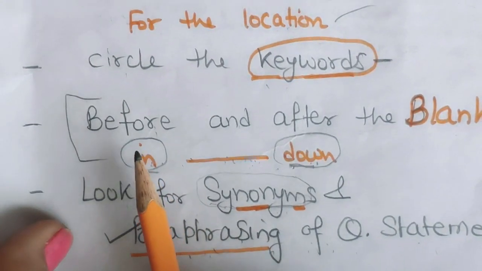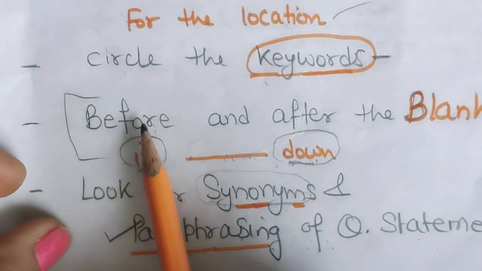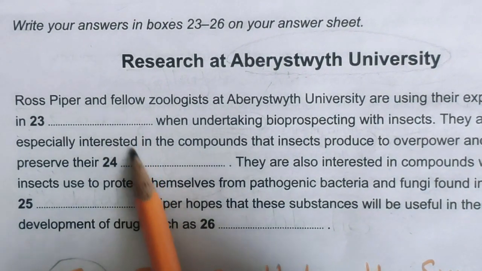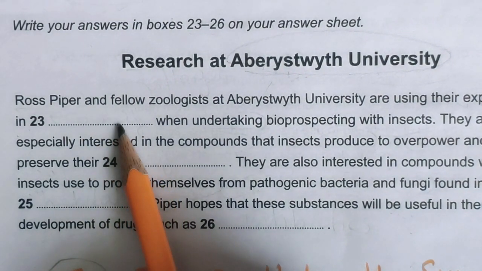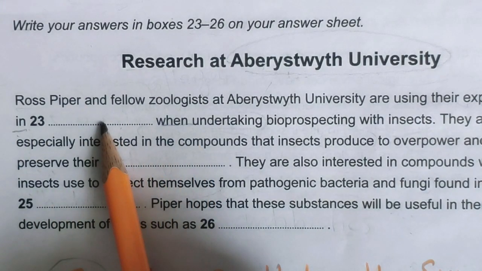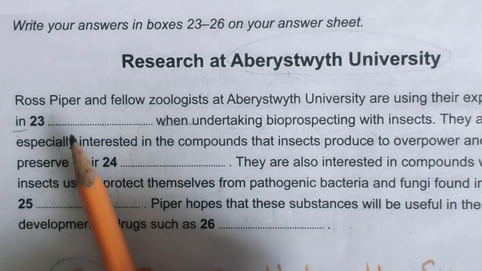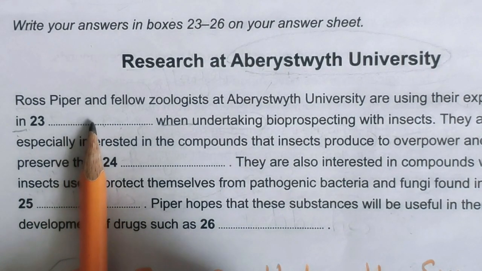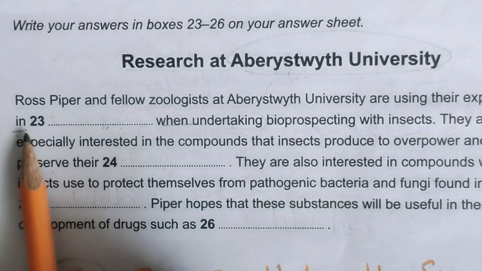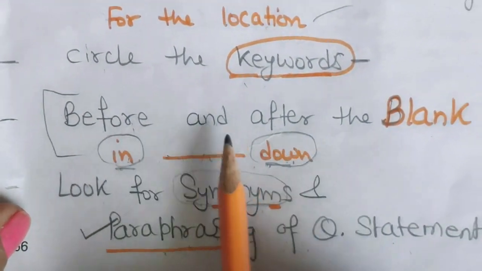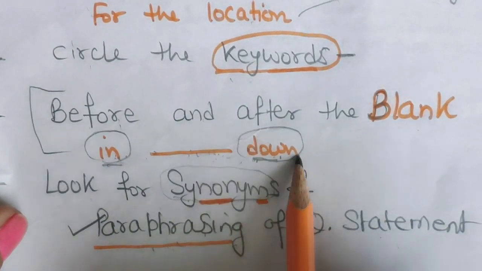Next important, when you are reading a paragraph for fill in the blanks, always keep in mind the words before and after the blank. Sometimes, not every time, you can get the clue for the blank by reading the word before and after it. So before and after the blank is very important.